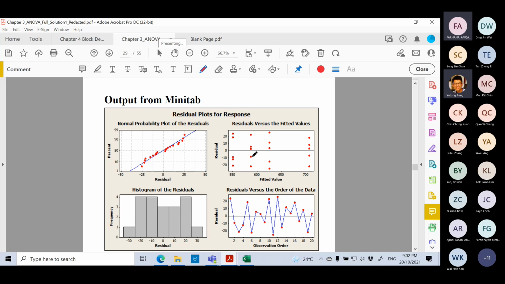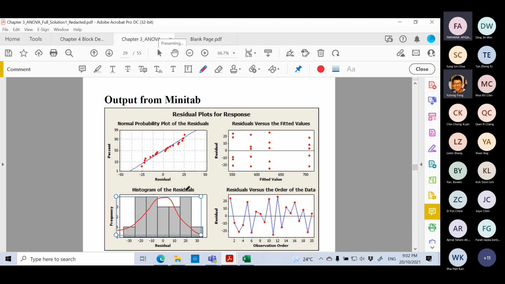If the spread is almost the same length, then it's considered constant variance. If they fall on the straight line, then we can say that they follow the normal distribution. Or you can see the shape here; even though it's not perfect, the tails are still down, so we can say that they follow the normal distribution. So this is checking the assumption.